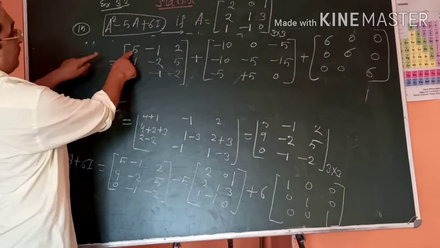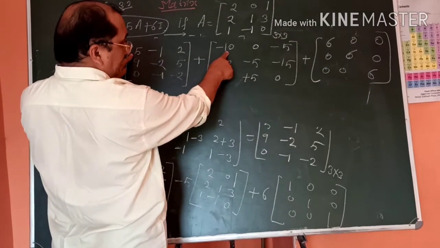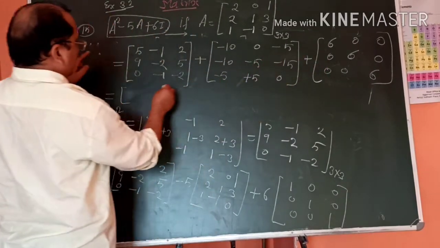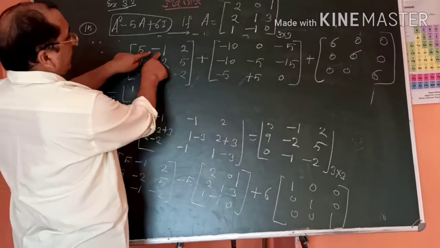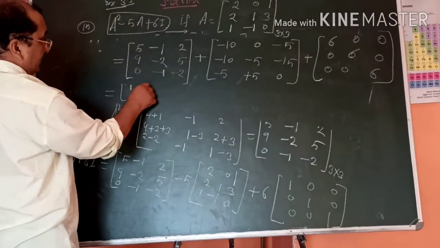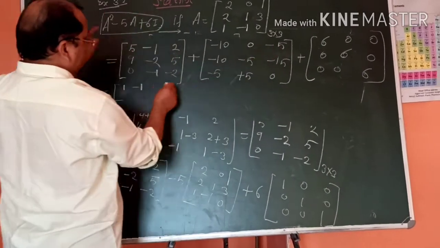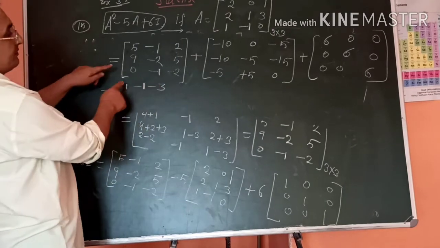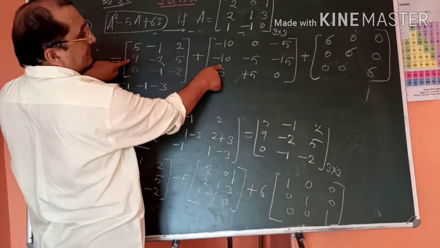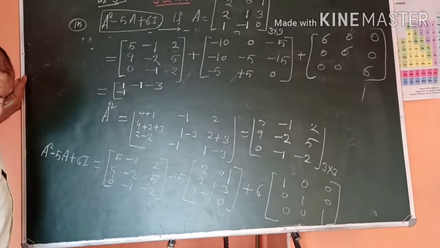Now see, 5 minus 10 minus 5 plus 6 equal to 1 will come. Then minus 1 minus 0 and 0, minus 1 will come. 2 minus 5 equal to minus 3 will come. Then 9 minus 10, minus 1 and 0, only minus 1 will come.